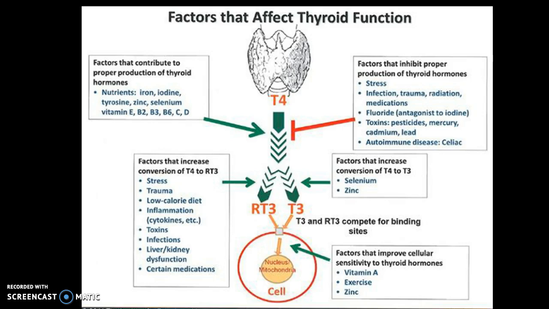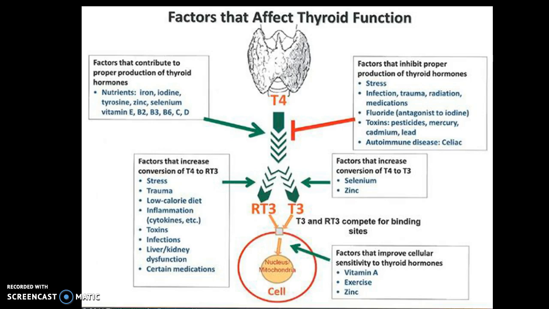There are certain factors that help us improve cellular sensitivity to thyroid hormone. And then there's certain factors that increase the conversion of T4 to RT3. So you can see here that there are a number of things that are going to cause us to either increase or decrease metabolism here.